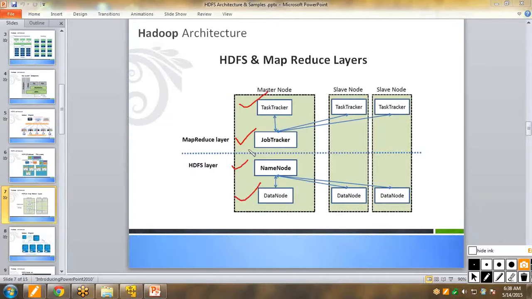Similarly, in the MapReduce layer, you have the job tracker daemon and the task tracker daemon. There will be only one job tracker in the entire cluster, and one task tracker per node.